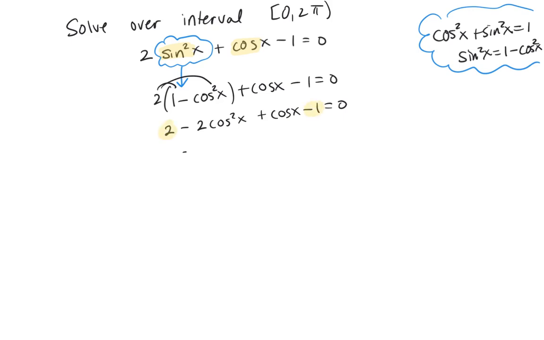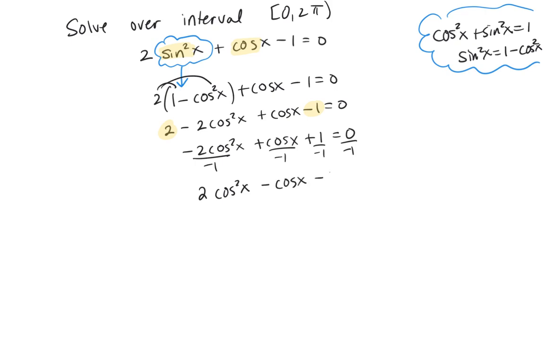So I have -2 cosine squared x plus cosine x and then plus 1. 2 minus 1 is 1, and that's equal to 0. We're going to have to factor this, and so I'm going to just divide everything by -1. So my leading coefficient is now a positive 2 times cosine squared x minus cosine of x minus 1 equals 0. And now we're ready to factor.